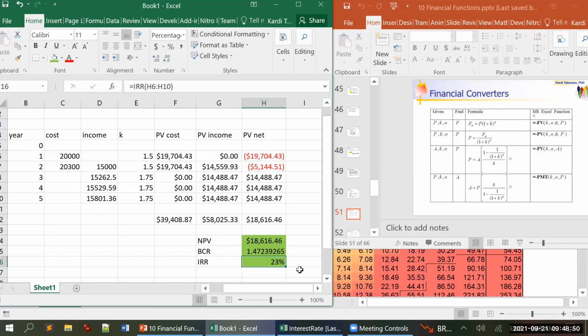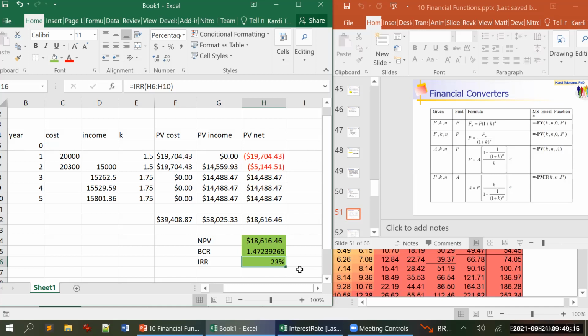So if you put your investment money in the bank as a deposit, say you get 5%, right? If your IRR is less than that, you better do nothing. Put your money in the bank and you sleep.